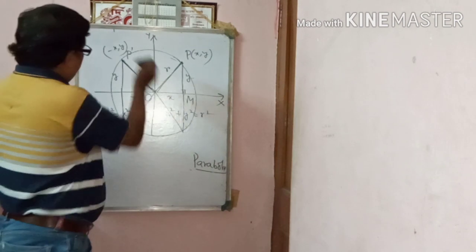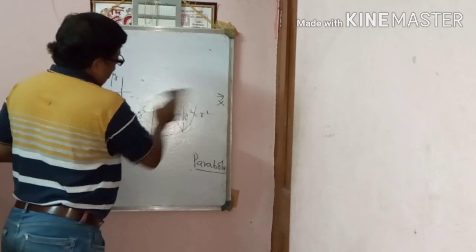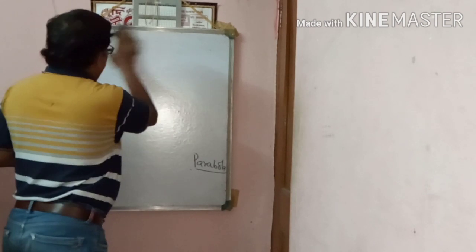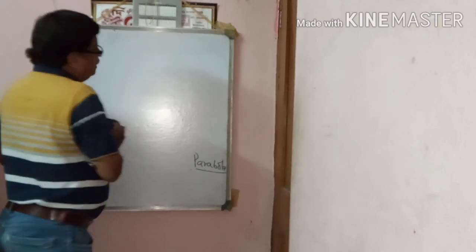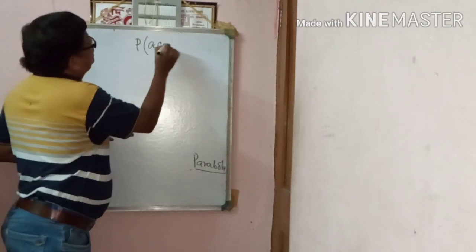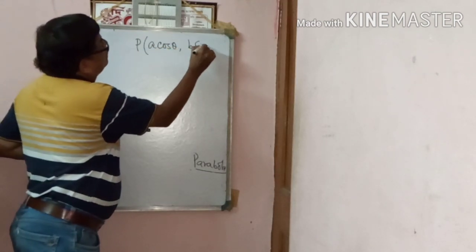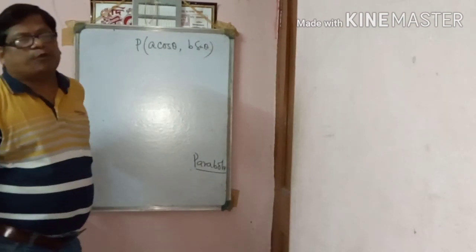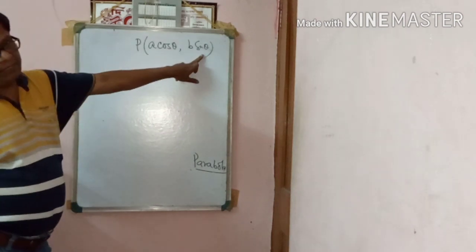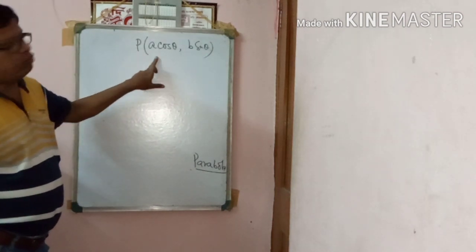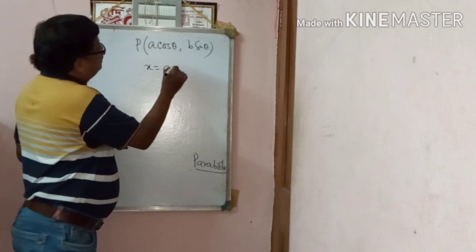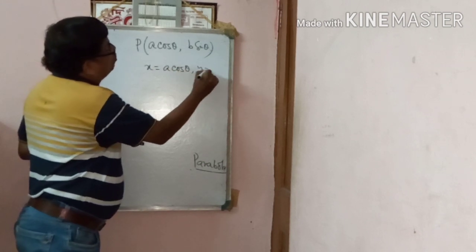Now suppose the coordinates of P are given as (a cos theta, b sin theta). The coordinates of point P are given: x equal to a cos theta and y equal to b sin theta. So we can write x equal to a cos theta, y equal to b sin theta.